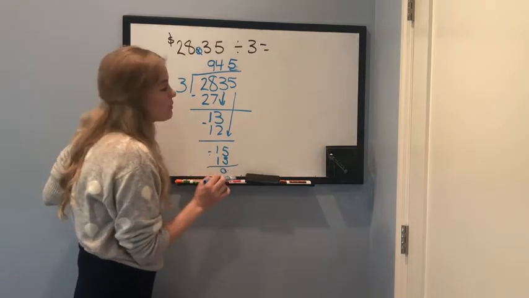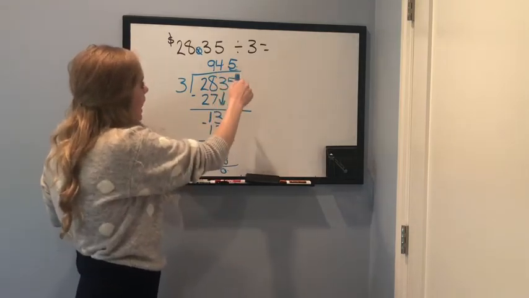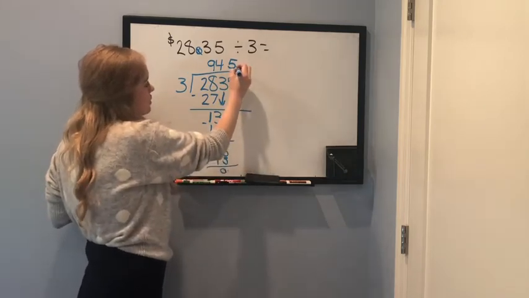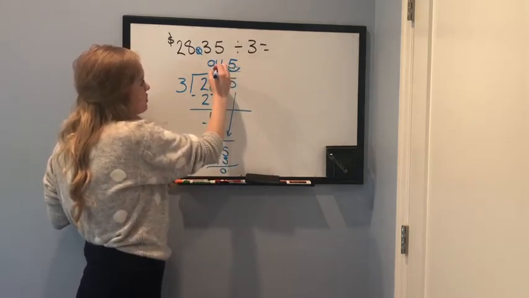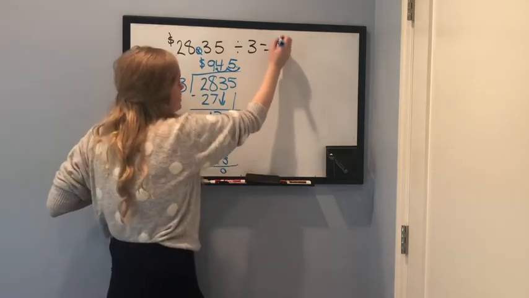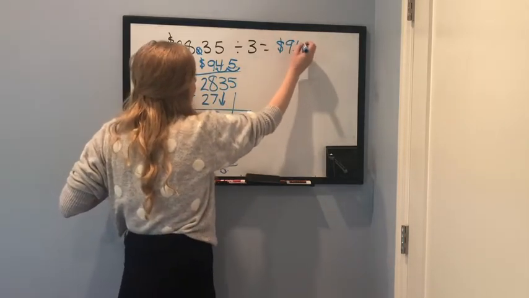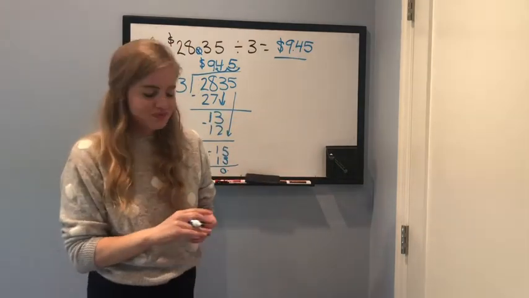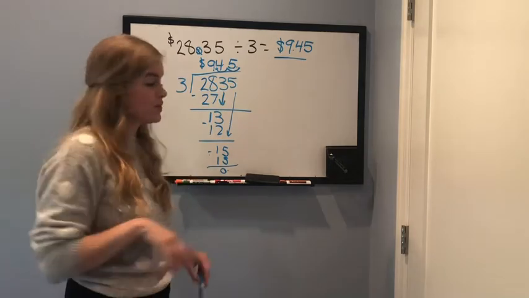No remainder. But remember, we need to add back in that decimal point before we find our answer. So we start over here on the right, count 1, 2. So our answer is $9.45. Okay. I hope that that's what you guys got.